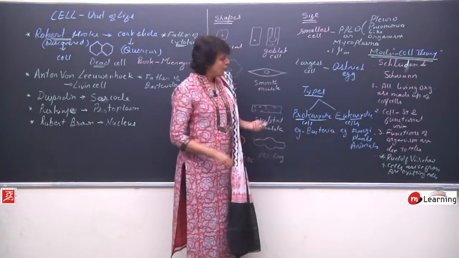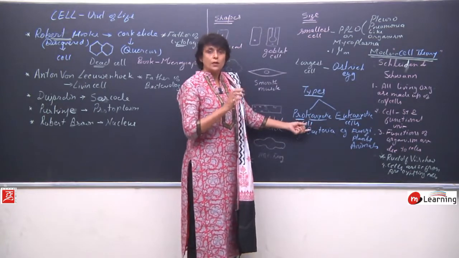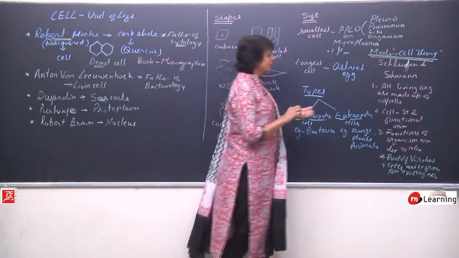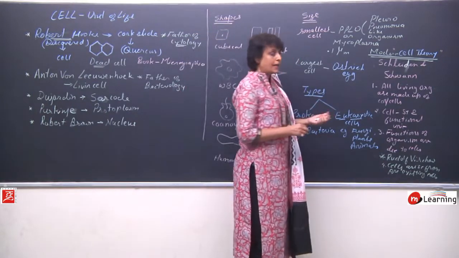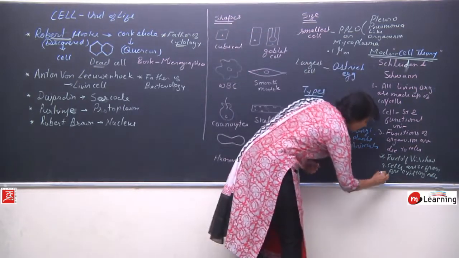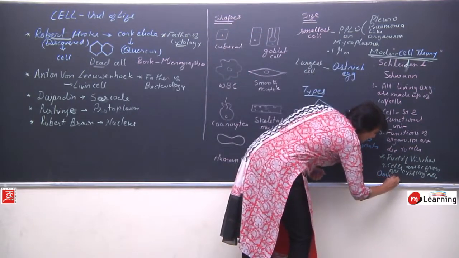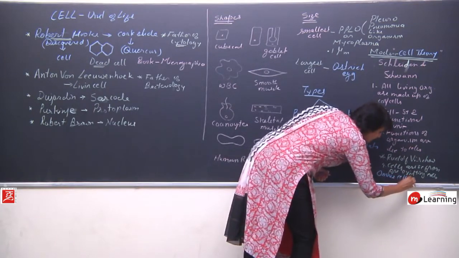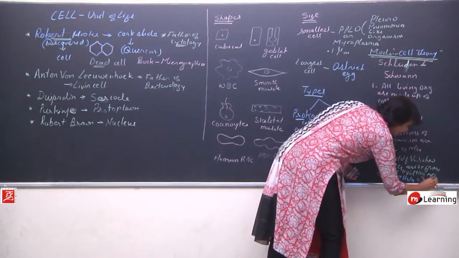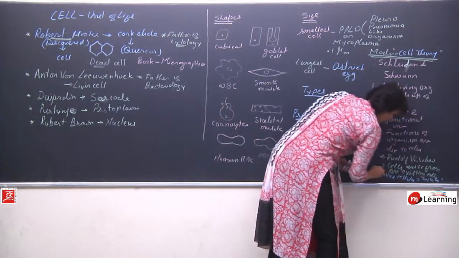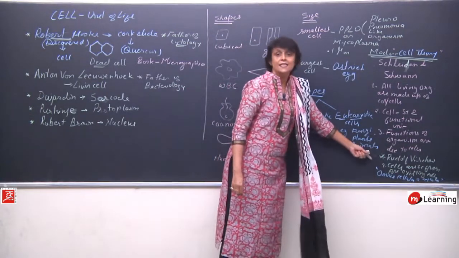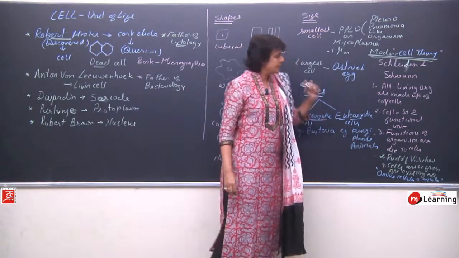He added this point in his own language, and that was written as omnis cellula e cellula, which was later on translated into English, which meant cells arise from pre-existing cells.